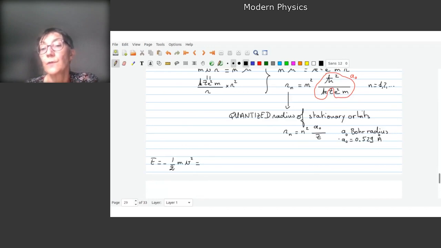This is a very useful constant because for a given nucleus, a given Z, each time you increase the value of n by 1, you get a new orbit. The first one, n equal to 1, is A0 over Z. The second one is 4 A0 over Z.